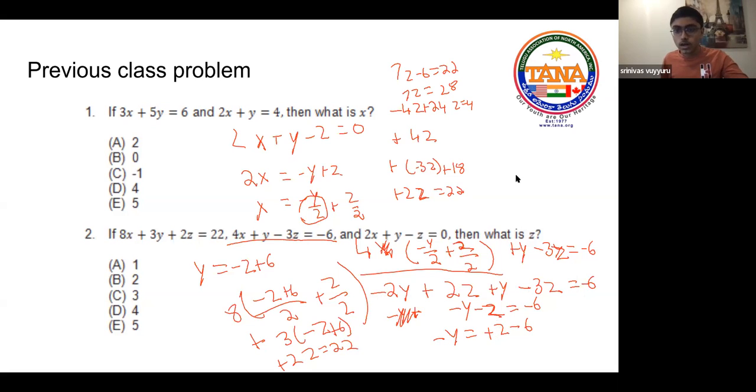Oh, where does it say negative 2? The first step. It's negative z here. I did that wrong. So yeah, the answer is D, which is 4.